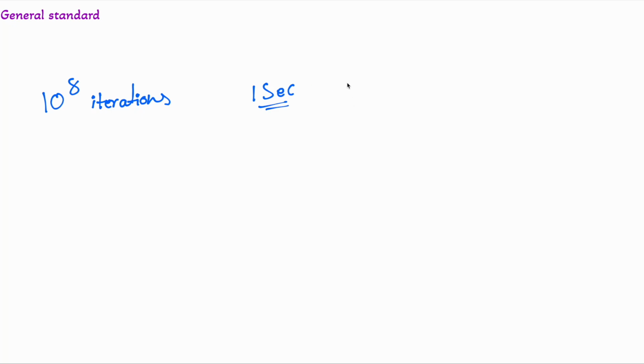It's basically 10 power 7 to 10 power 8 iterations per second. This is the general standard that is followed irrespective of the external factors.